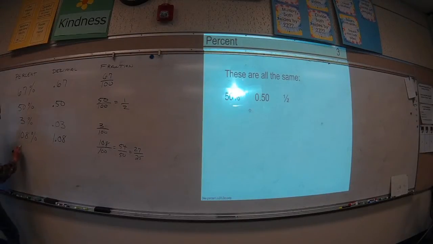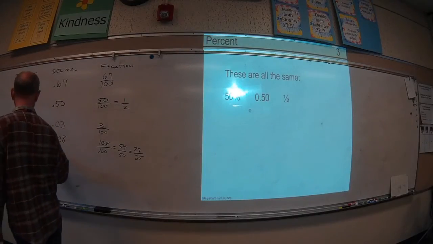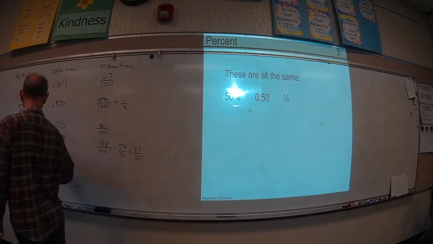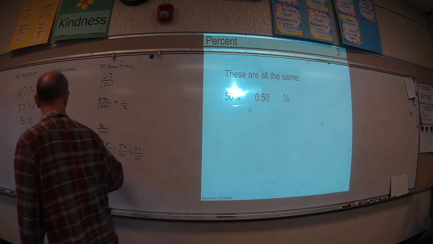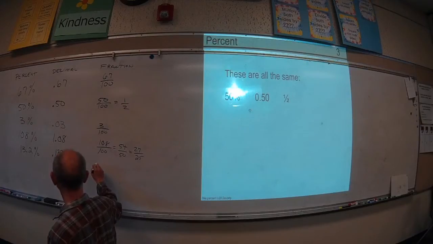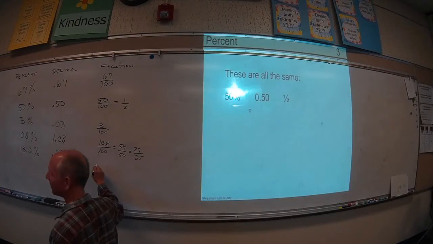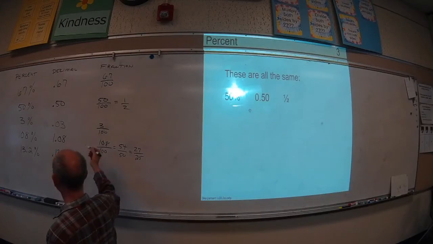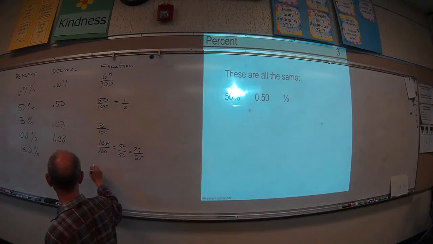We'll do 13.2. Write it as a decimal for me. Good. Write it as a fraction for me. Just put it over 100. Take the decimal and put it over 100. 13.2 over 100.